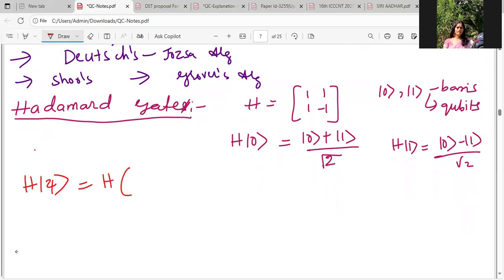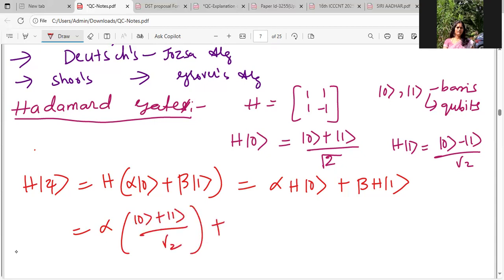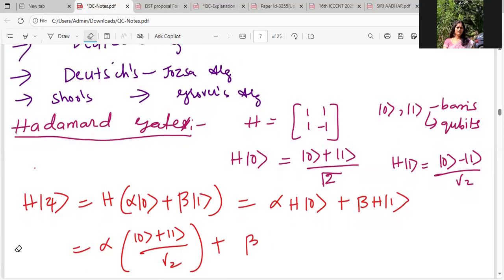What is ket xi? It is alpha ket 0 plus beta ket 1, right? So alpha is a constant, it can be taken out. Beta is also a constant, it can be taken out, and H is applied on those basic states. Alpha times ket 0 plus ket 1 by root 2, plus beta times ket 0 minus ket 1 by root 2.